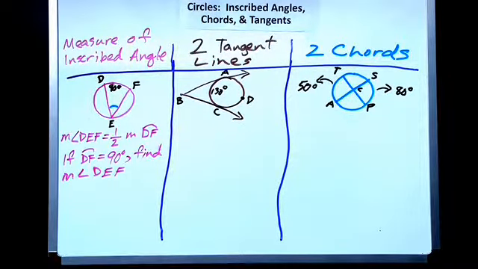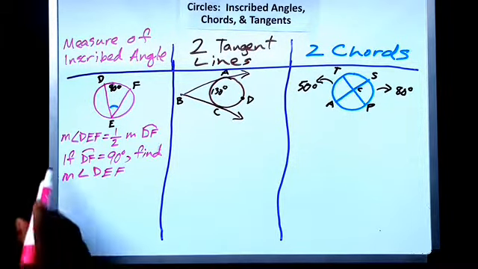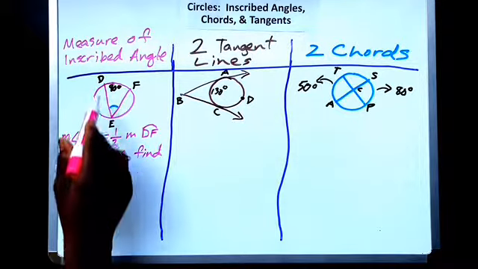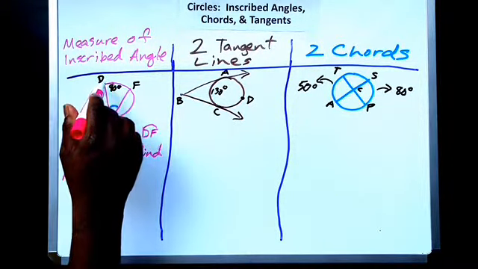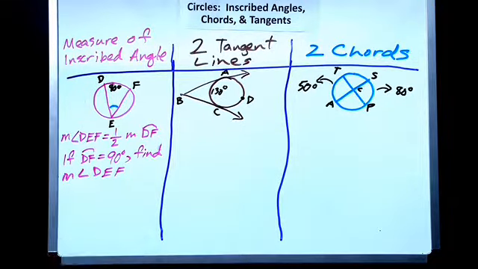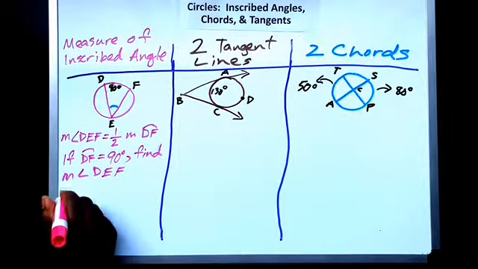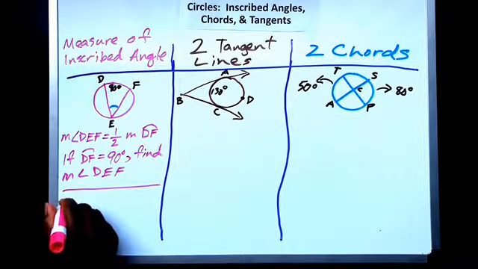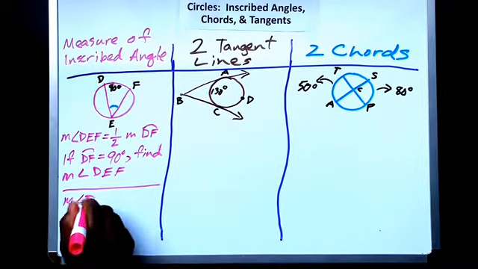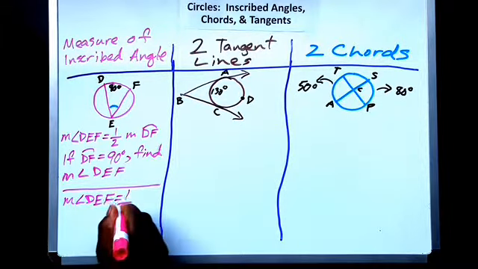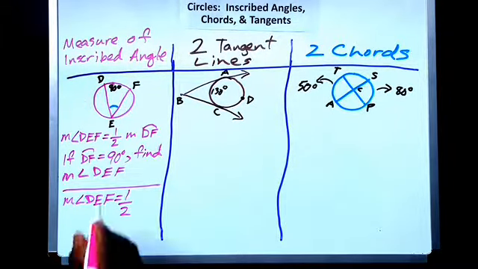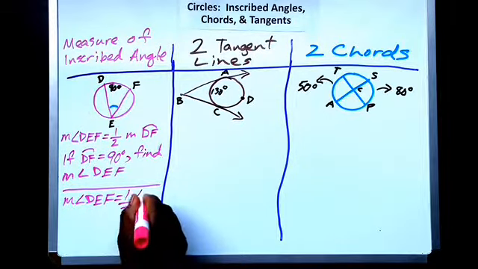Okay, so let's look at what we know. We're going to follow this equation. The measure of angle DEF is equal to 1/2 the measure of arc DF. So then let's substitute. This is our math underneath. The measure of angle DEF equals 1/2, and what is the measure of arc DF? 90 degrees.